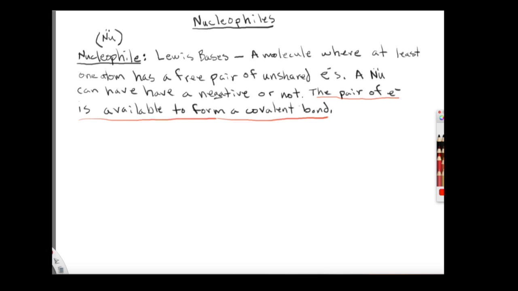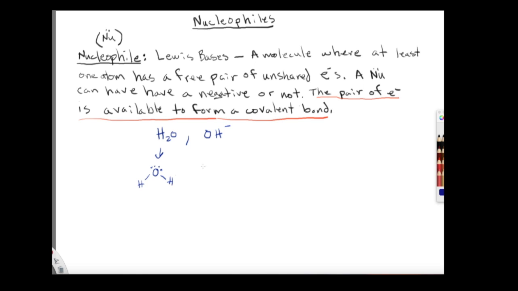Now, examples. The easiest way to compare whether or not the nucleophile has a charge on it is to compare water to its conjugate base, which is OH minus. In the case of water, which happens to be a weak nucleophile, if we draw the Lewis formula, you can see that it has two unshared pairs of electrons that are available to form a covalent bond.